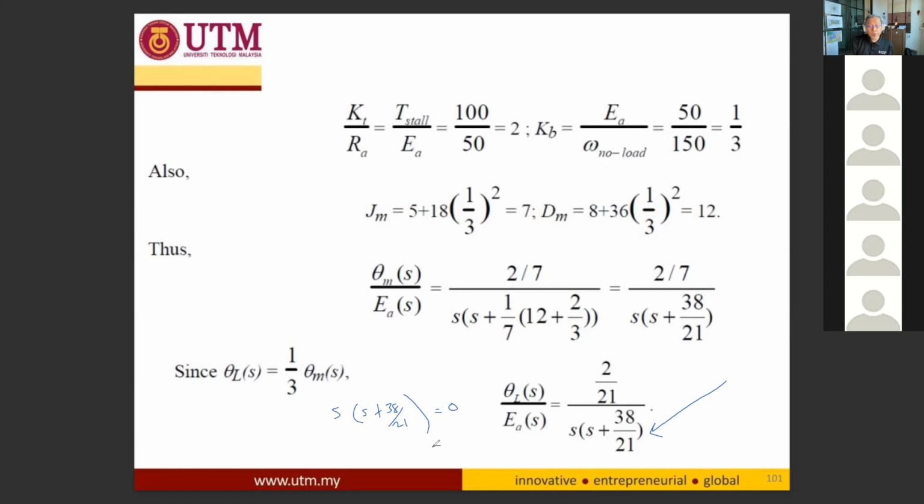So, Herman, S equals 0 or S equals negative 38 over 21. How much is 38 over 21? 1.80952381. Oh, long. Two decimal points is enough. Okay, doctor.